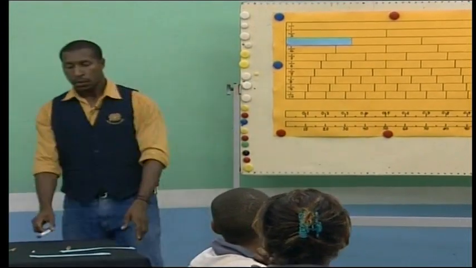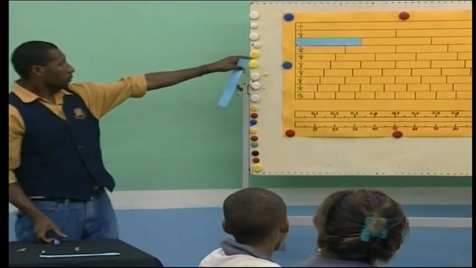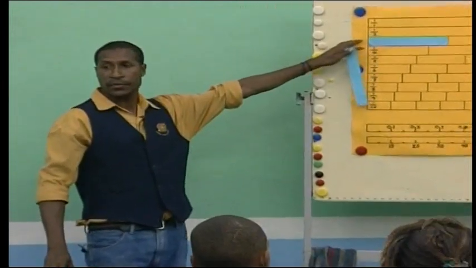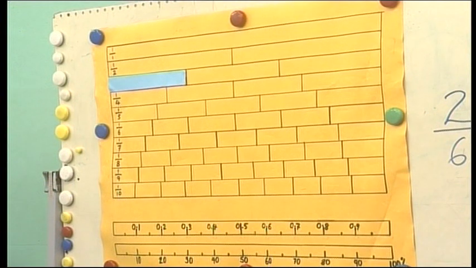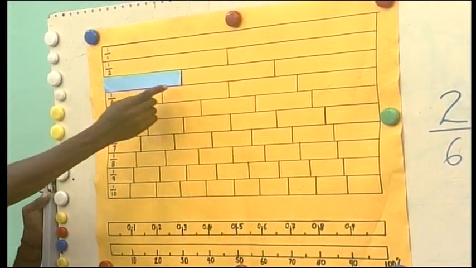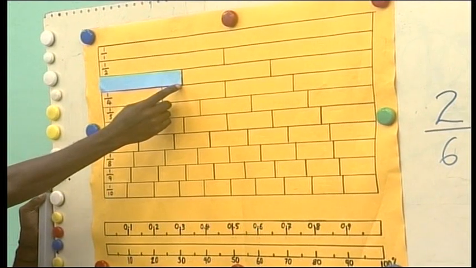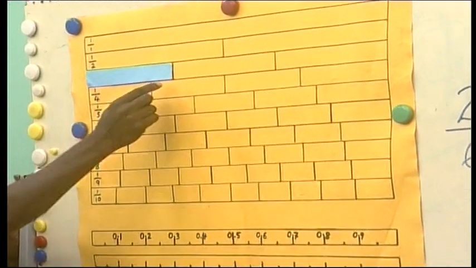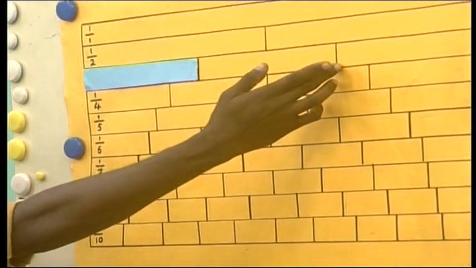Now, looking at this fraction wall, we have already identified 1/3. And the length of 1/3 is from here to here. From here to here will be what fraction?